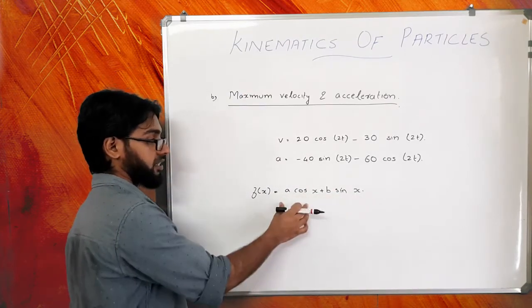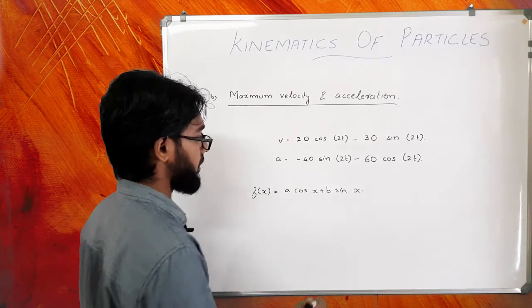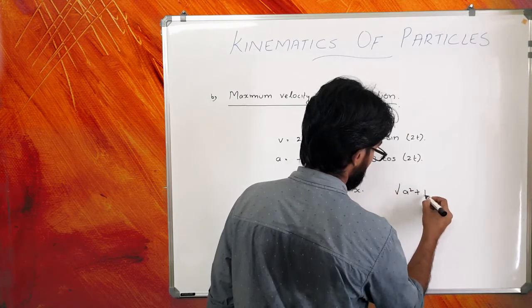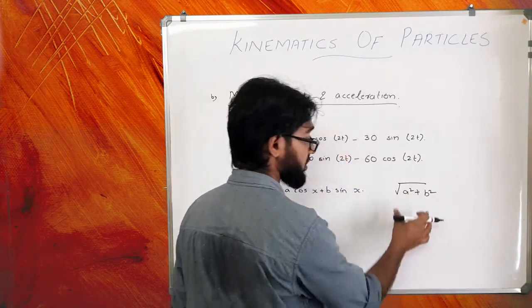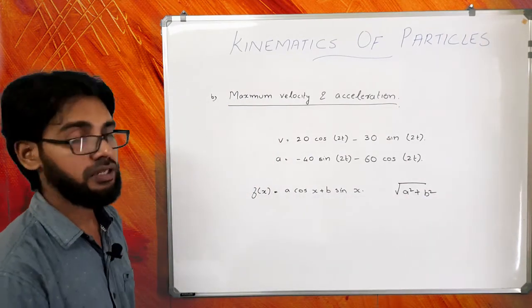Now, in this case, the maximum value of the function will be root of a square plus b square.